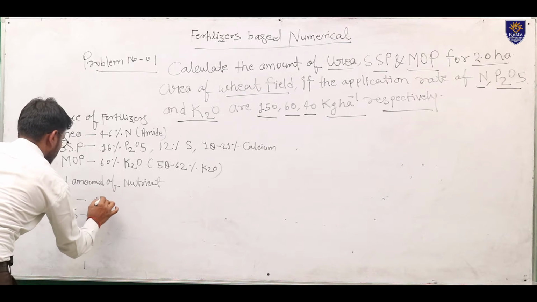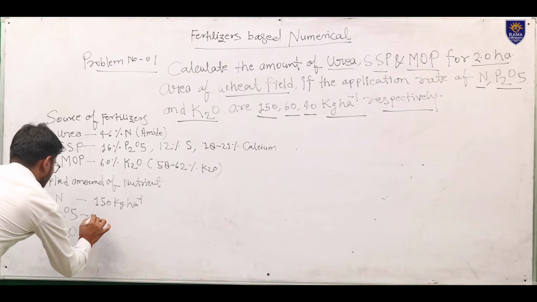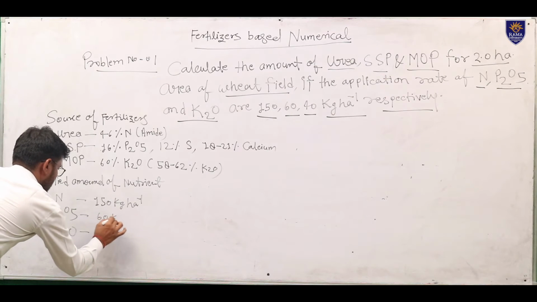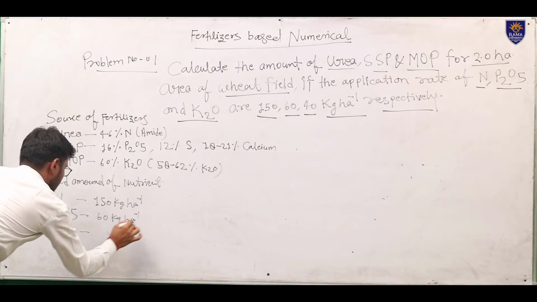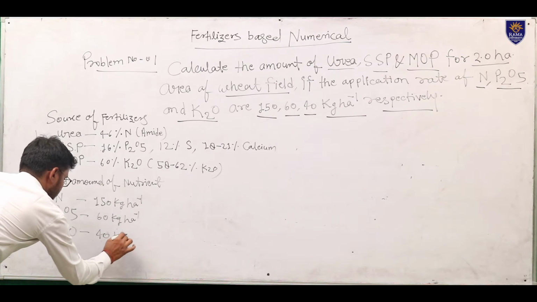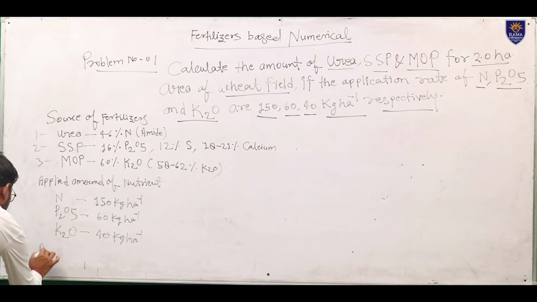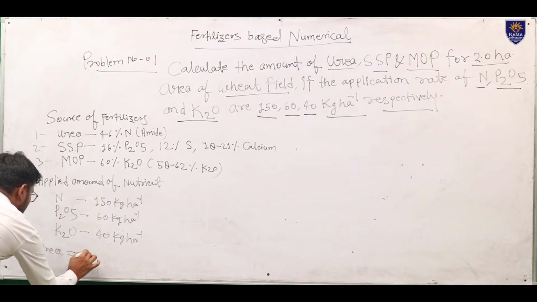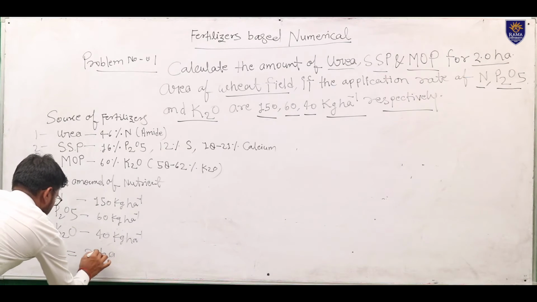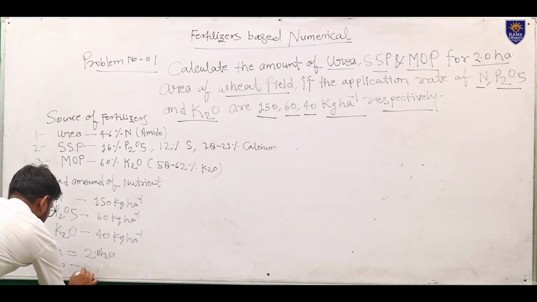Nitrogen is 150 kg per hectare, phosphorus is 60 kg per hectare, and potassium is 40 kg per hectare. The area is given as 2 hectare, and the crop is wheat.